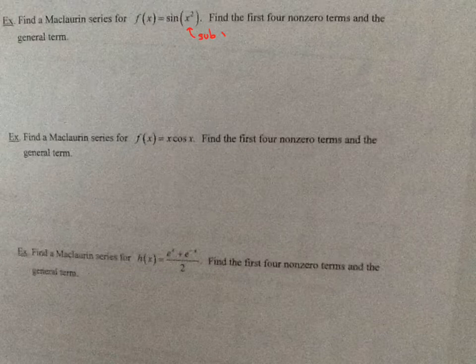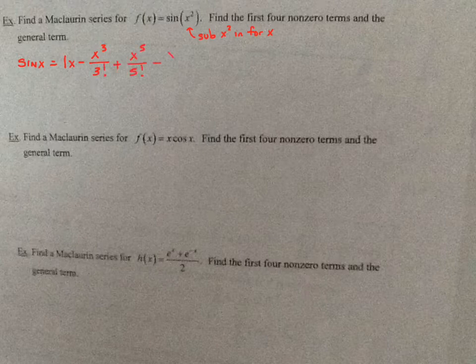So given f of x equals sine x squared, let's say that we want to find the first four non-zero terms and the general term. Well, all you have to do is sub in x squared for x in the original sine x series formula.